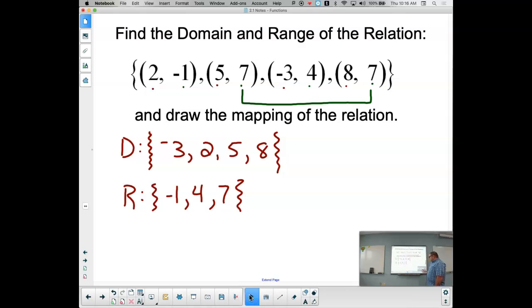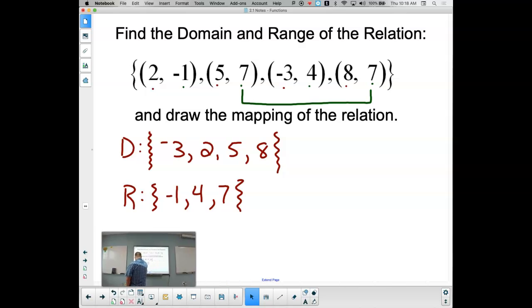Now it comes to the mapping portion of it. I'm going to move this over to this side. Oh, too far. Now the mapping portion is, so now that I've figured out my domain and my range, I'm going to go -3, 2, 5, and 8.